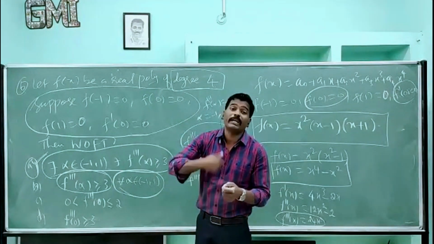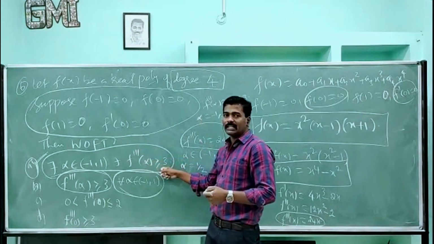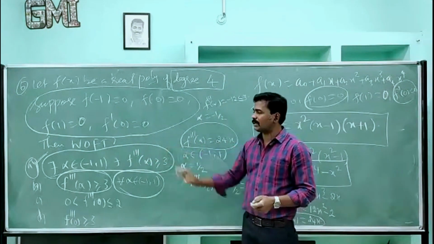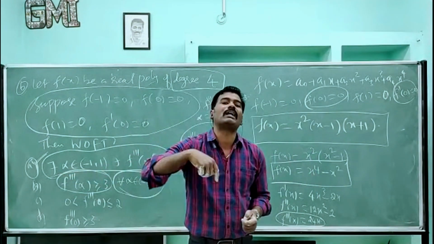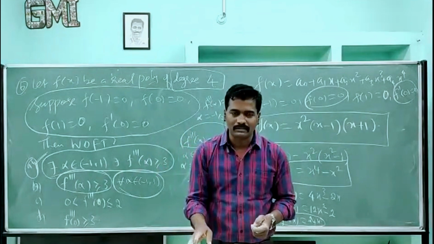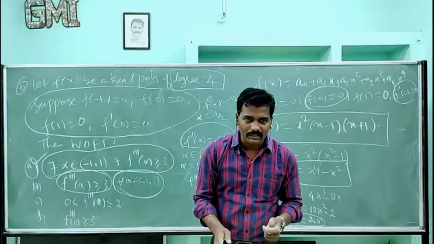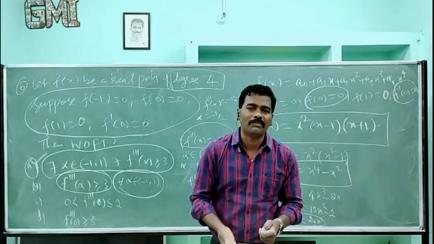I want to find an alpha whose f triple prime of alpha is greater than or equal to 3. So I have alpha equal to 1 by 2 with this property. 0 does not work, -1 by 2 does not work, -3 by 4 does not work.